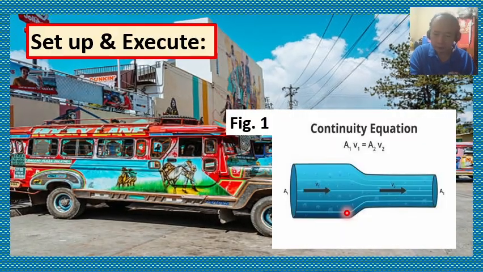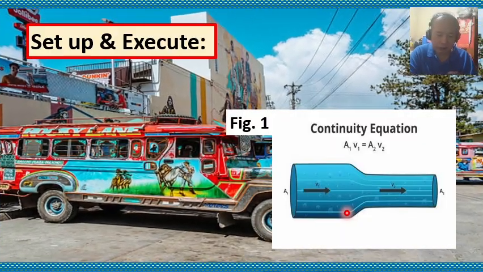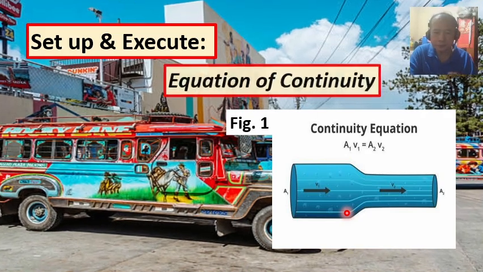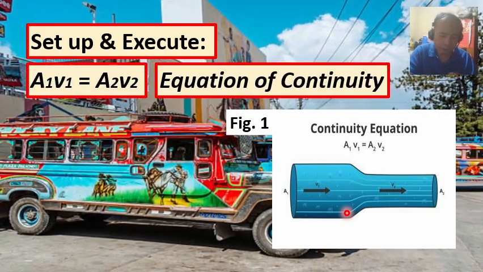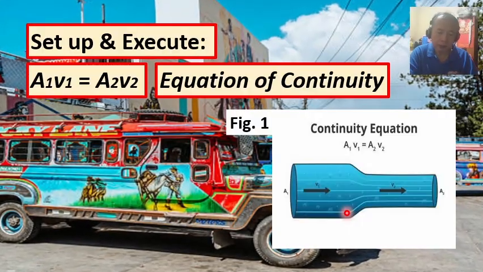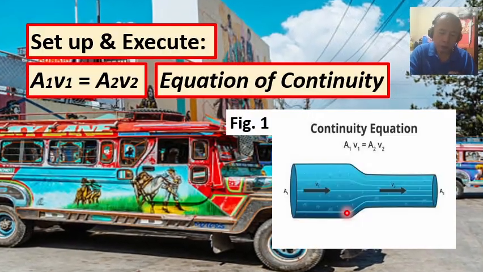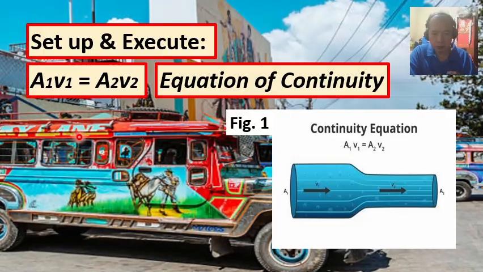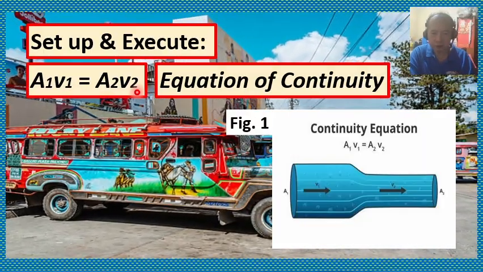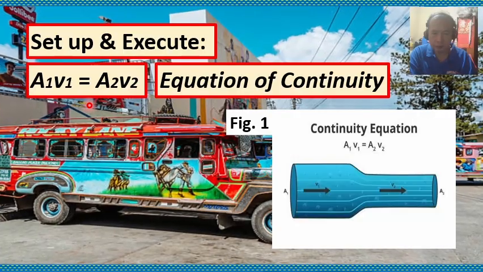Flow rate is equal to the product of the cross-sectional area of the pipe and the flow speed, as given in this equation, right?